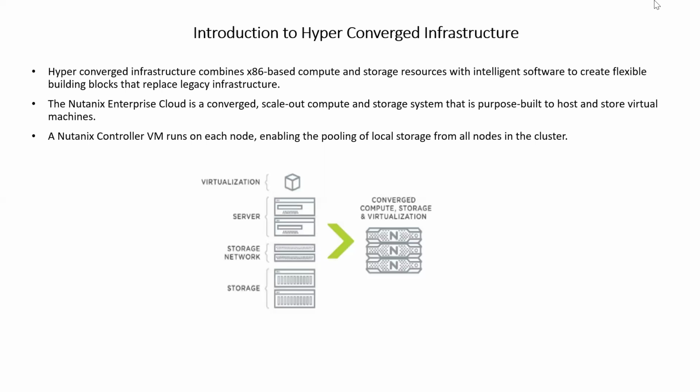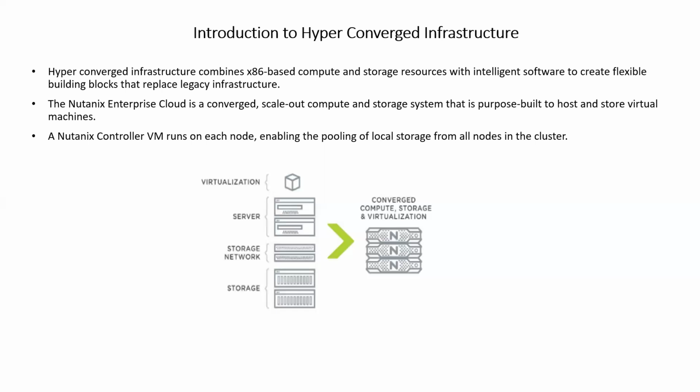So with Nutanix, the compute, the storage, the hypervisor and the internal networking are all combined in a single node. You have compute, storage and virtualization, apart from the external networking. That is the hyper-converged infrastructure.